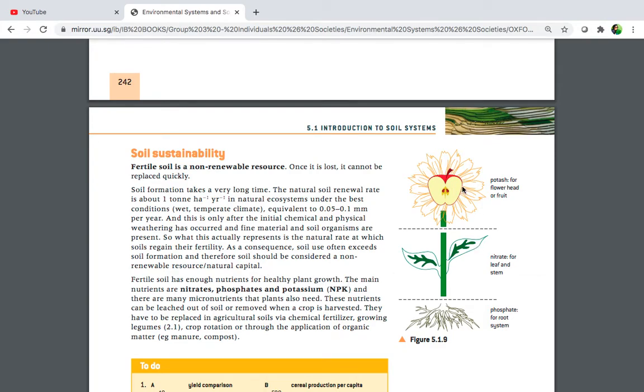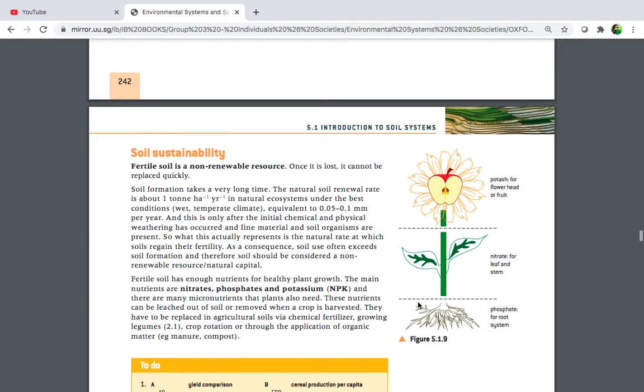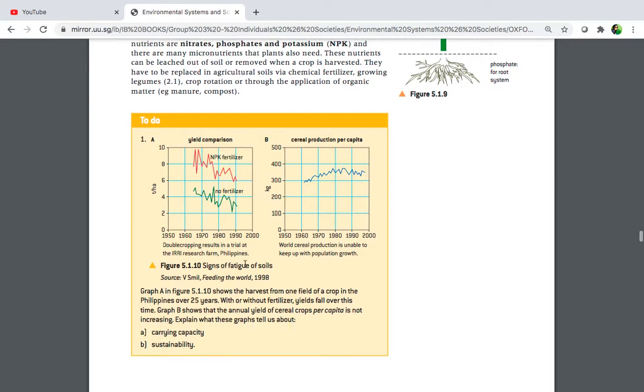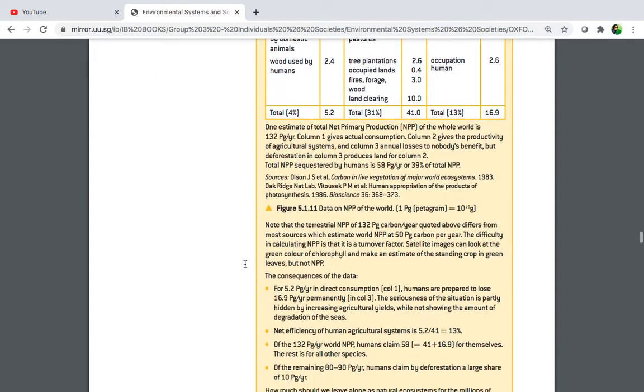As you can see in this picture, some of the nutrients are used for different parts of the plant. Potash for flower head or fruit, in this case it is potassium. Nitrate for leaf and stem. Phosphates for root and for the root system, as you can see. Okay, in these two activities we're going to do them in class, and that's it, guys.